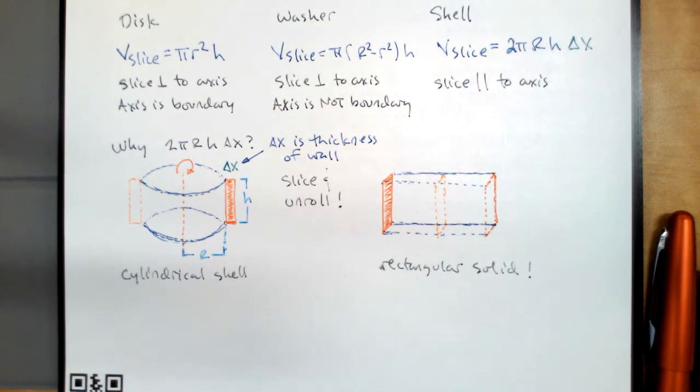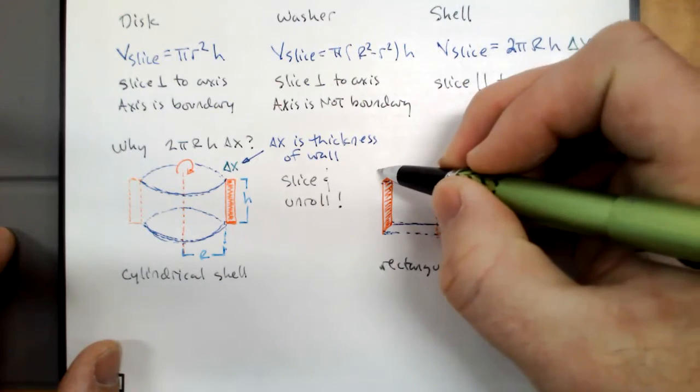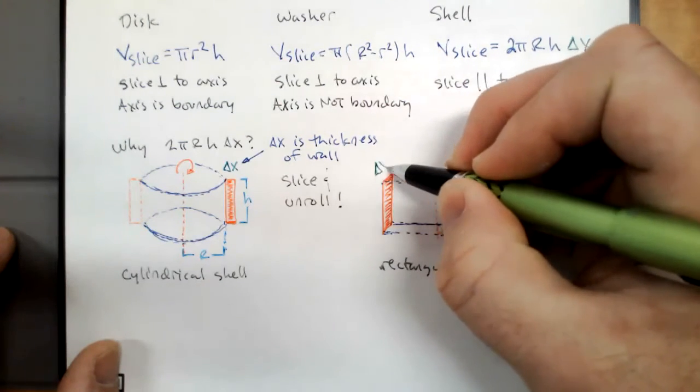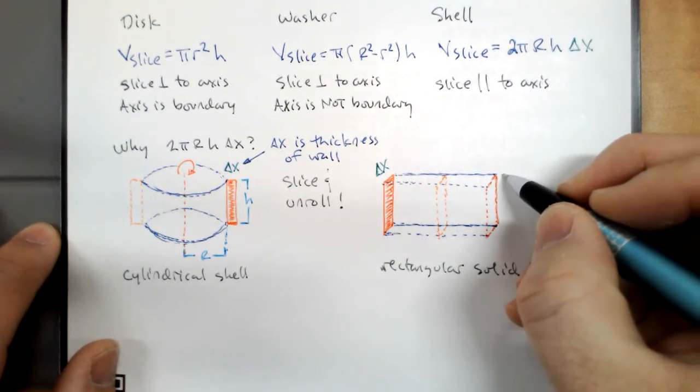Cut the top and the bottom off the can, slice it at one seam, and then unroll it into a rectangular solid. The thickness of this wall is the delta x. The height is still just the height.